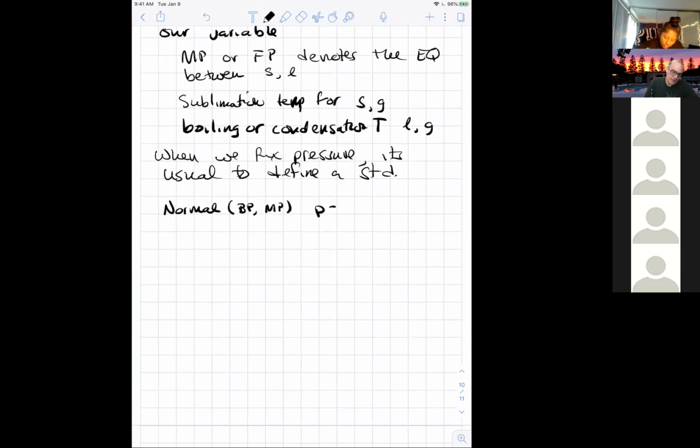This is where the pressure is 1 atmosphere. But we know in physical chemistry, right, we don't really use atmospheres, we use bars, and they're almost the same, but not quite. So this is actually called the standard boiling point, melting point, etc., is where the pressure is defined as 1 bar.